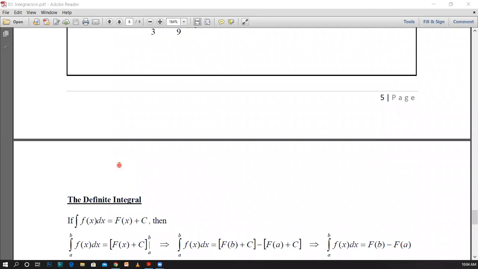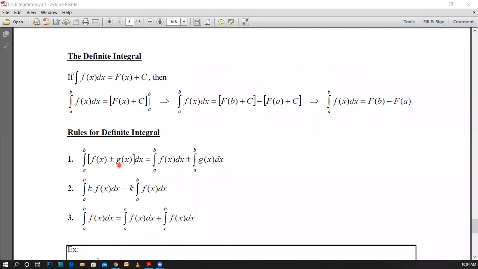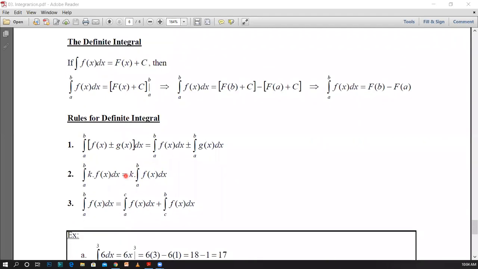And now we will discuss the definite integral. So far we have dealt with the indefinite integral, where we just performed the integration using the appropriate techniques. But with the definite integral, we are performing integration within a given interval.